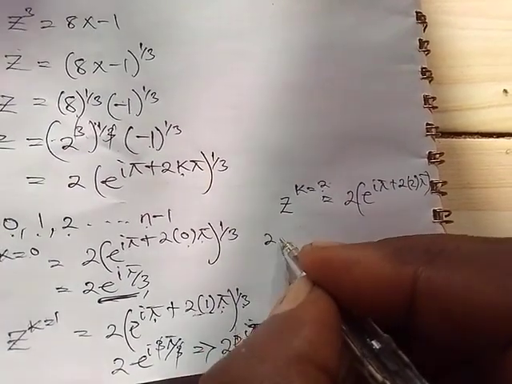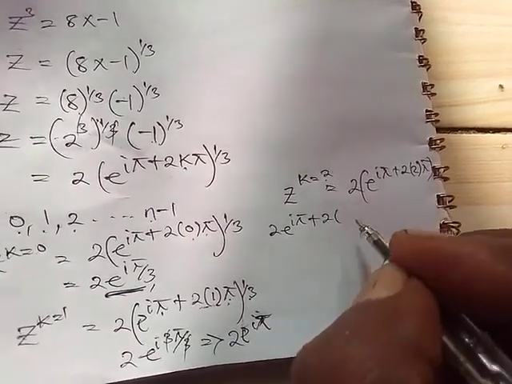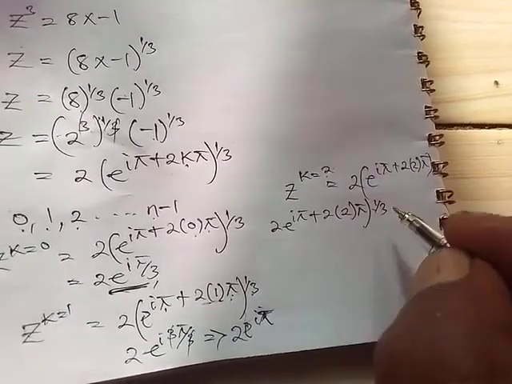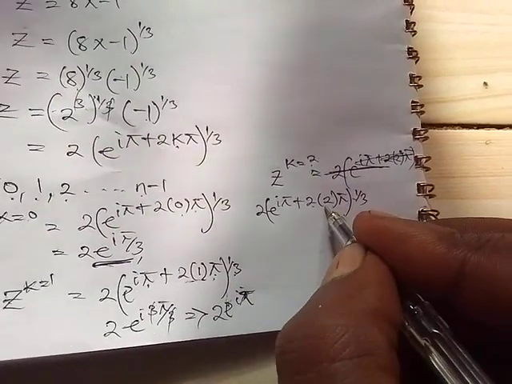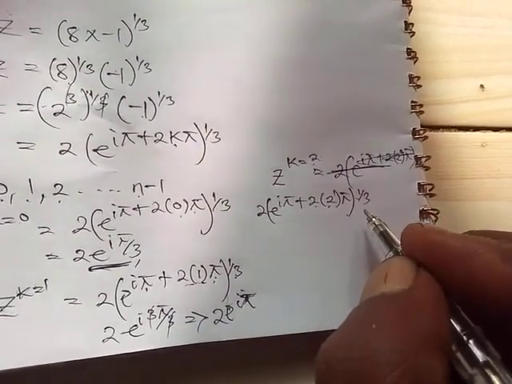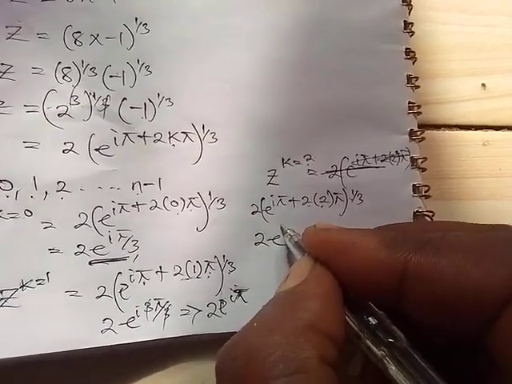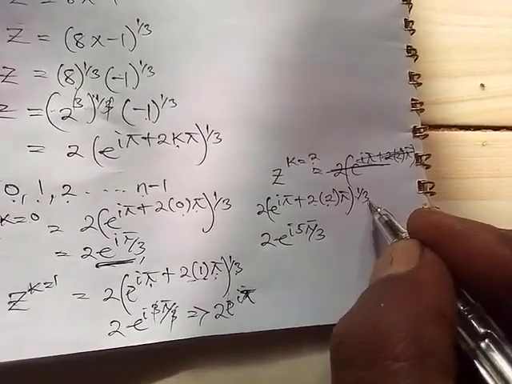Okay, let me rewrite it. 2e to the i (pi plus 2 pi) into 1 over 3. So 2 times 2 is 4. 4 times pi, 4 pi. 4 pi plus 1 pi will give you 5 pi. So we have e to the i 5 pi over 3, over these 3.